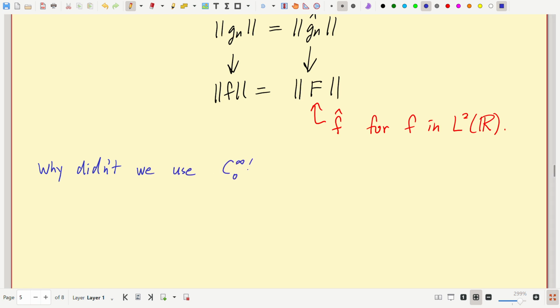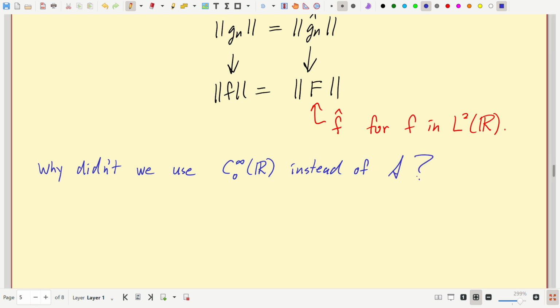C0 infinity, compactly supported C infinity functions, they're actually zero outside of a compact set, instead of the Schwartz space.